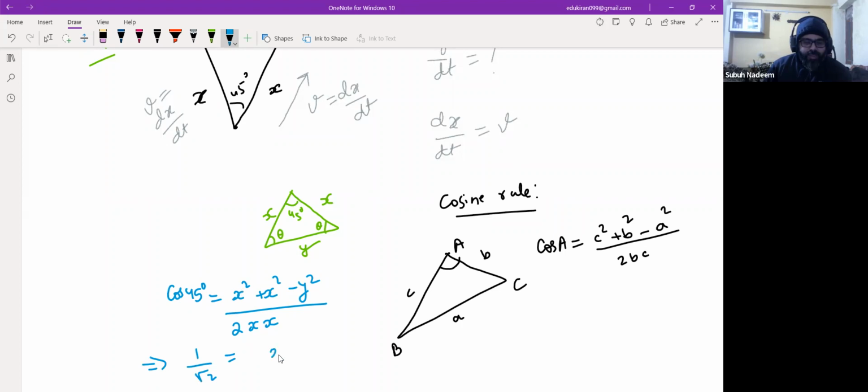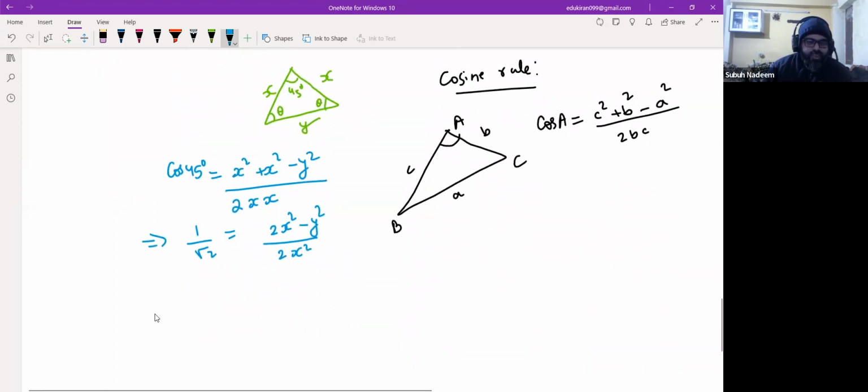And x square plus x square is 2x square minus y square, and in the denominator, 2x square. So this we have to do in order to find the relation between x and y. So this root 2 and this 2 will be root 2. So root 2 x square equals 2x square minus y square.